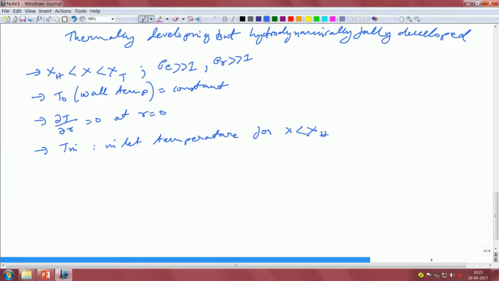Okay. So, you can fix the origin at x equal to x_h. In that case, this will be less than 0. It depends on where you are fixing the whole thing.